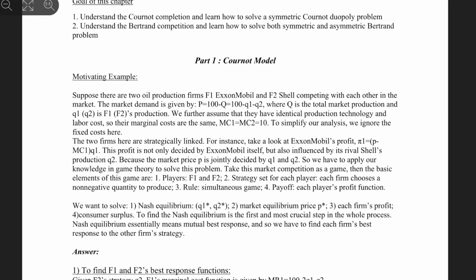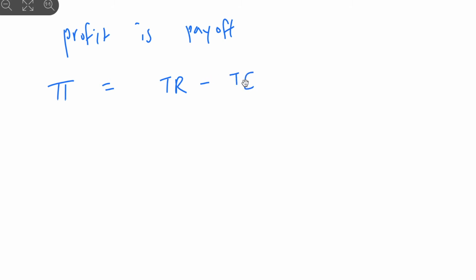So go back to the whiteboard. So what are the payoffs? The profit, right? Profit is payoff. So how can we calculate the profit of a firm? Profit equals total revenue negative total expense.